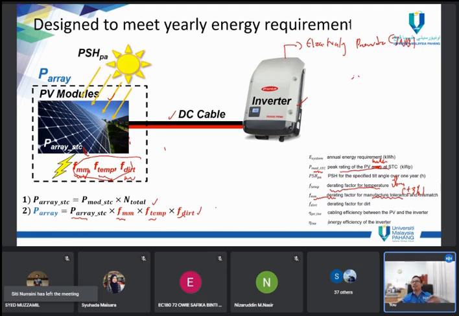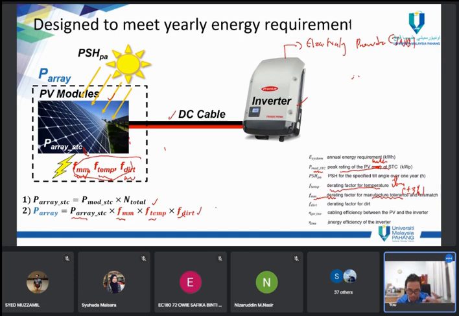Okay, what will happen next? Now we have the sunlight. Sun is our friend in order to generate the energy. So the PSH per annum is the same as the yearly irradiation.